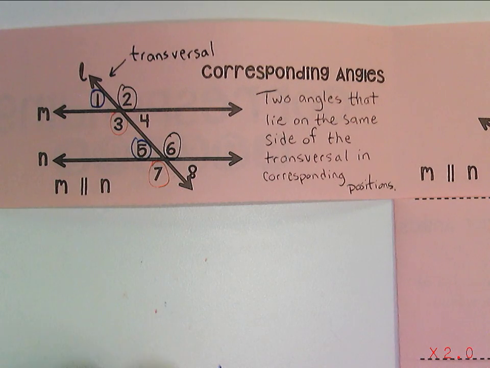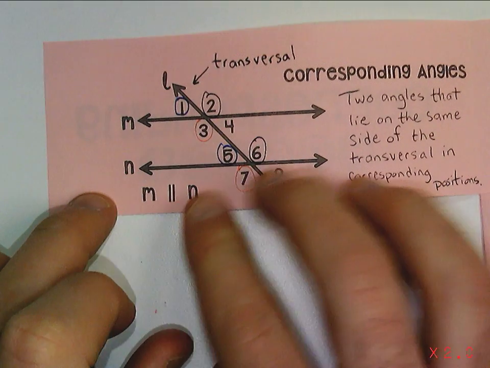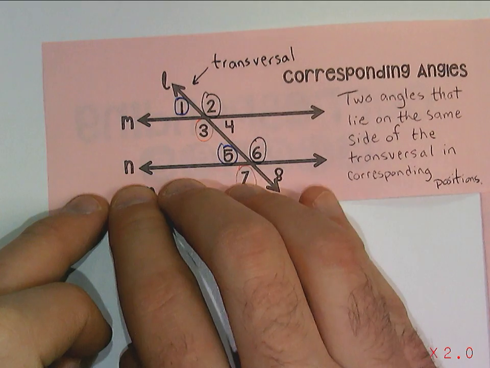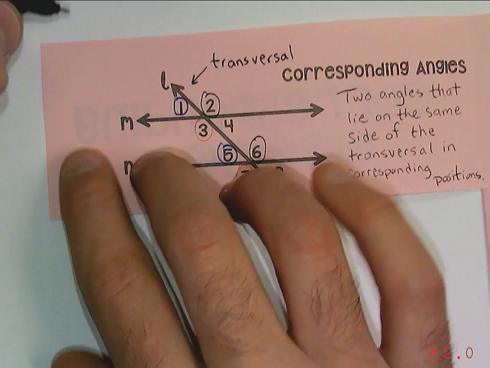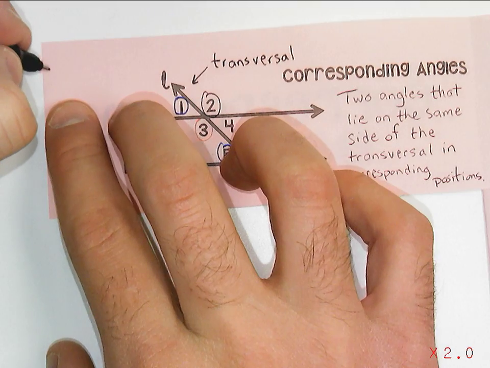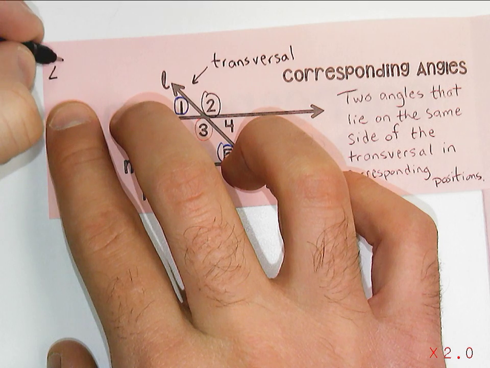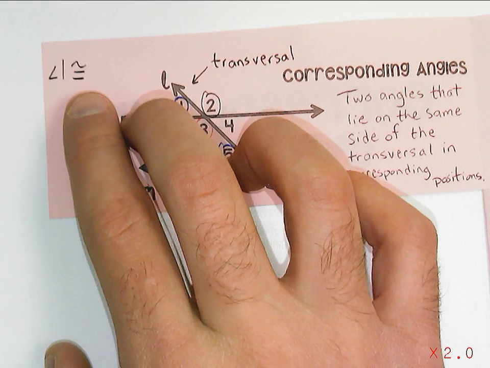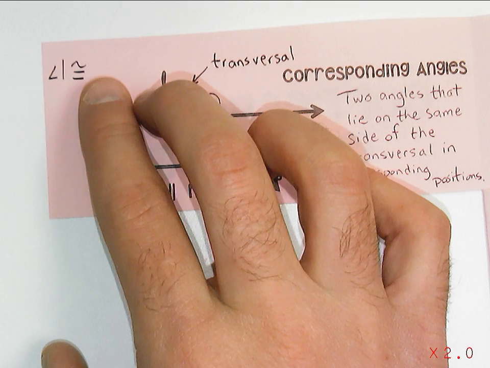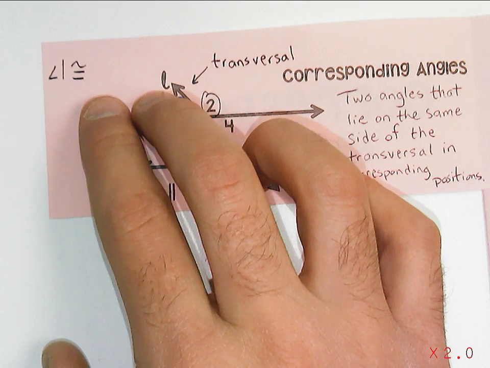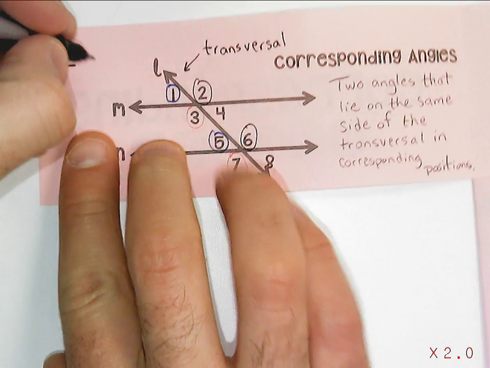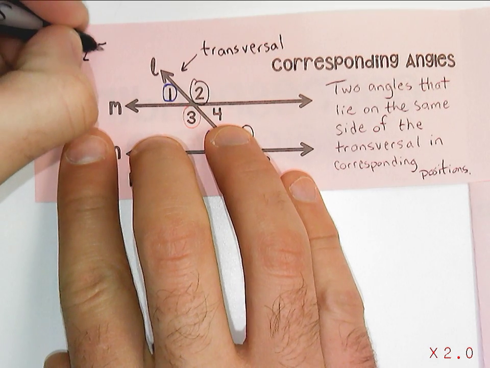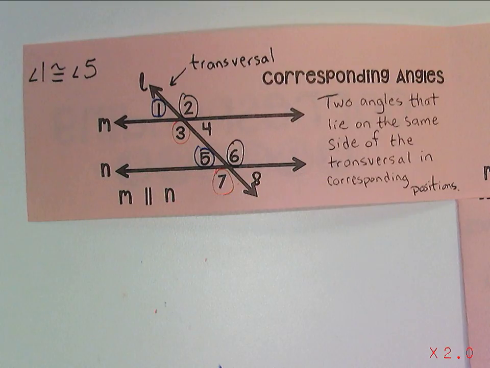So what I'm going to do quick then is, using notation that's commonly used in geometry, write which angles are congruent to one another. Like I said, angle 1 is congruent, and the congruent symbol is the little tilde type mark with an equal sign under it. And we said angle 1 is congruent to angle 5. They're corresponding angles. They would have the same measurement.